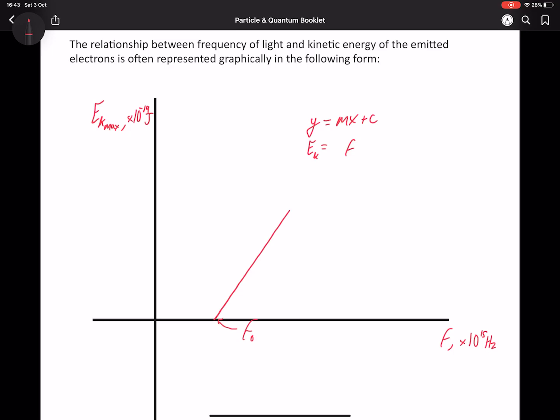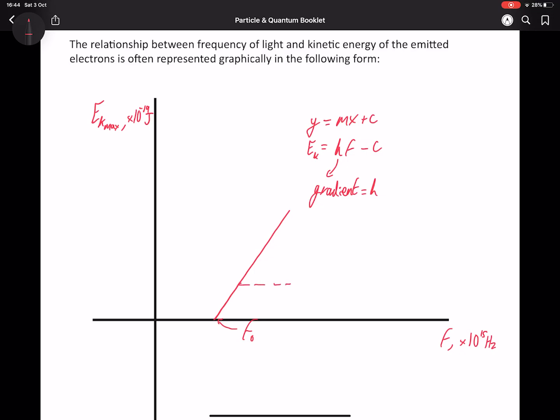So we know that Ek equals hf plus c. Now in this case, that c value, the y-intercept, can easily be seen to be negative. It'll definitely be in the negative region of the graph. So we'll come back to that. We know m represents gradient, which means our gradient here must be h, Planck's constant.